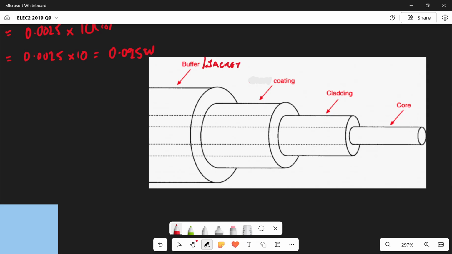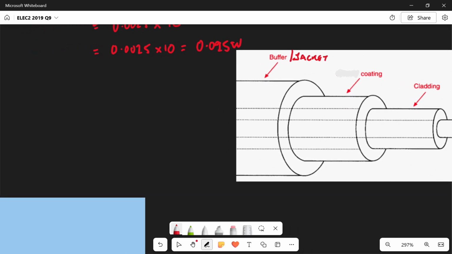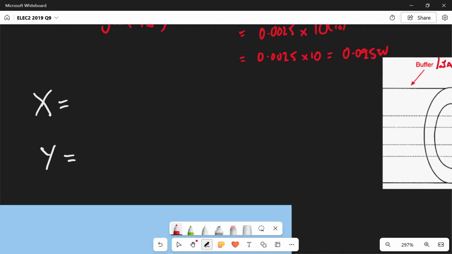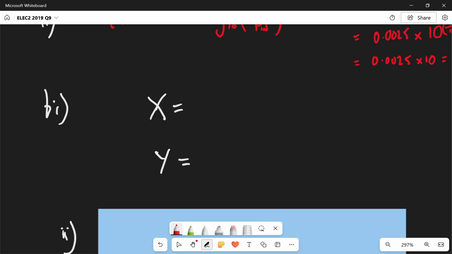Then you've got another layer around the cladding called the coating, and around the coating is the jacket. Sometimes there is a 5th layer between the coating and the jacket, which is a strength member. It's like a coating, normally with wire in it, which gives the optical fiber some strength. So as far as X and Y is concerned, it's core and it's cladding.